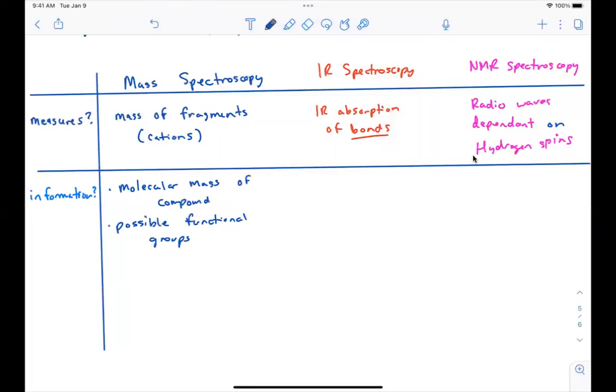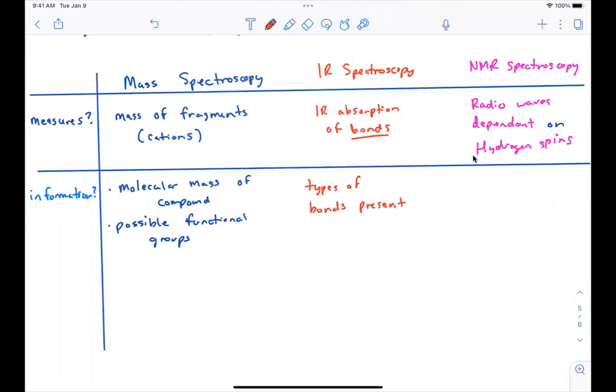Okay. IR spectroscopy is the types of bonds present. So IR spectroscopy with the diagram they have will tell you, okay, there's a C double bond O, or there's a C-O single bond, or there's an O-H bond in there.